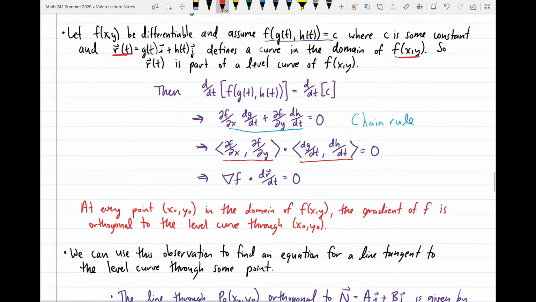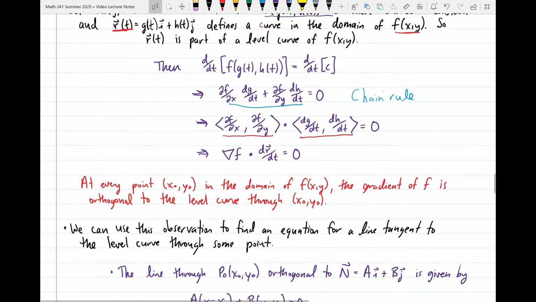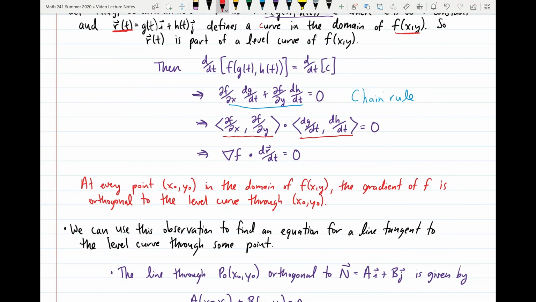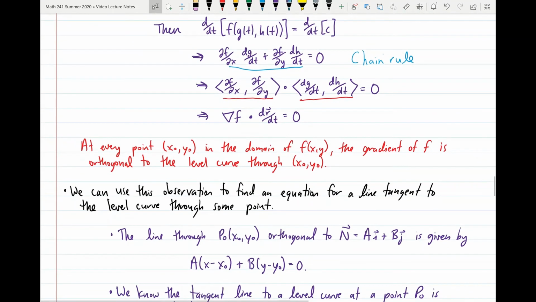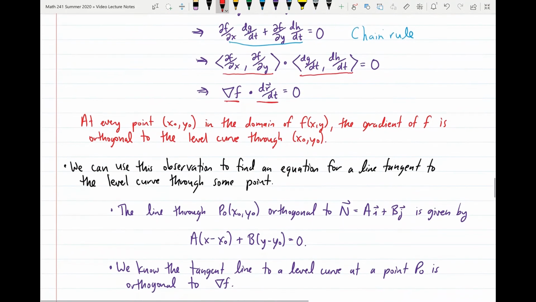Because remember that if r of t is given by g of t i plus h of t j, then the derivative of r with respect to t is going to give us the vector where we take the derivative of each component of r, which gives us this vector (dg/dt, dh/dt). So ultimately, this allows us to say that the gradient of f at some point, dot product with the derivative of r with respect to t, is going to equal 0, and that's true for all points.